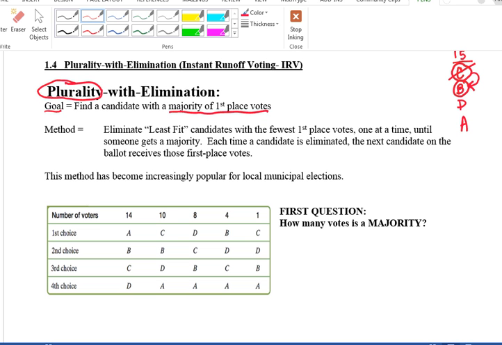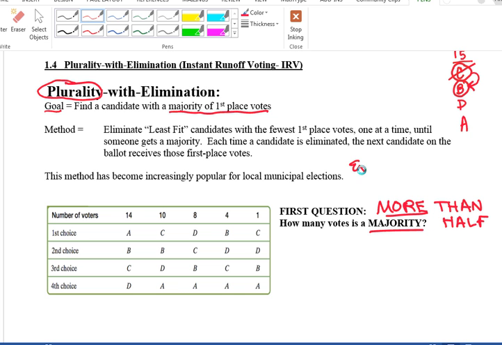So the first question that you need to ask is, how many votes is a majority? Remember, a majority means more than half. That's important. It's not equal to half, it's more than half.